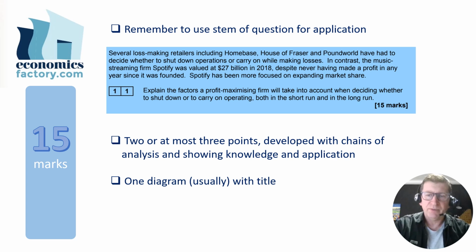You can use those for your examples, for your application. In a 15 marker, you're usually going to do 1 diagram, again with a title, important for that application. And in many ways, a 15 marker is like a slightly longer 9 marker from the context question because the skills tested are the same, knowledge, analysis and application. But you're going to be doing at least 2 chains of analysis, I think, for a 15 marker.